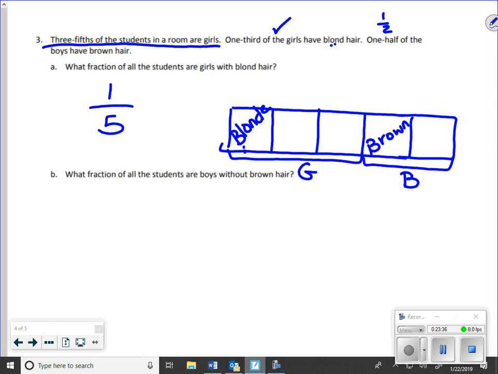What fraction of all the students are boys without brown hair? 1/5. So we got boys without brown hair. All the students. 1/5.